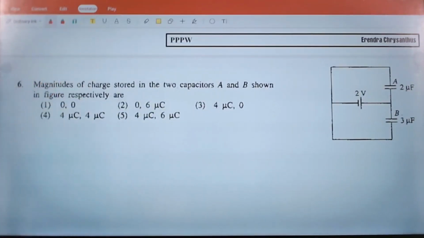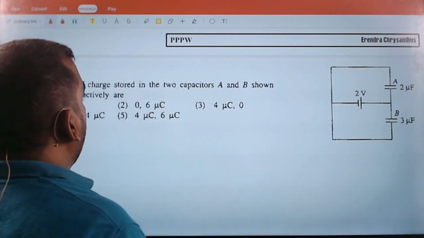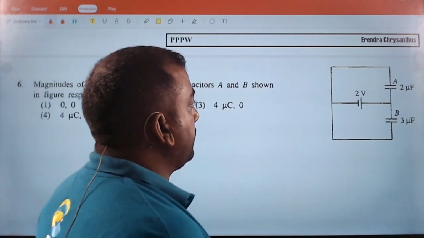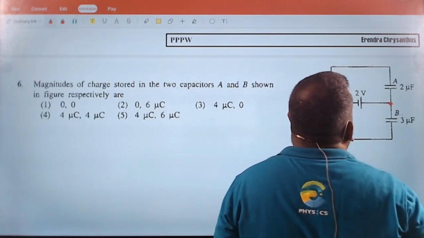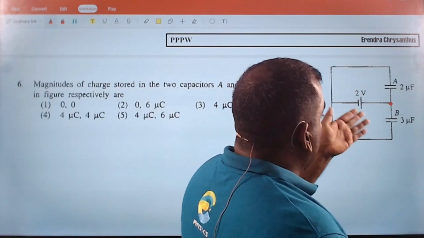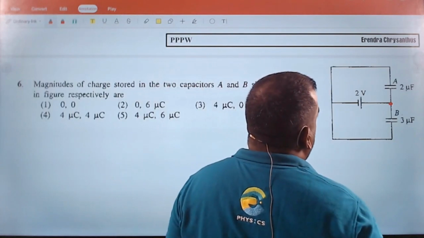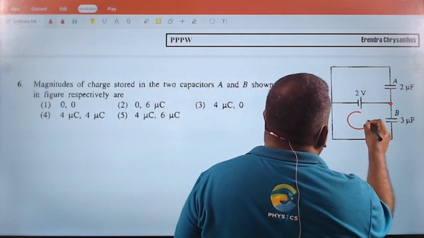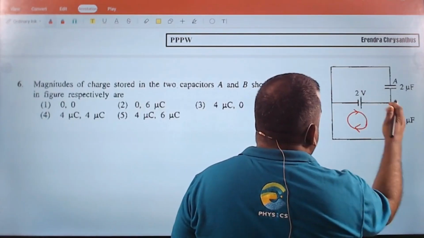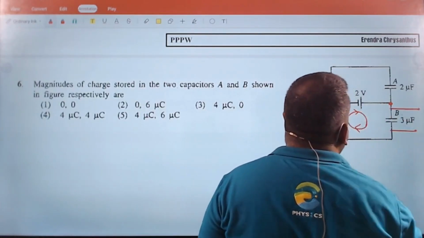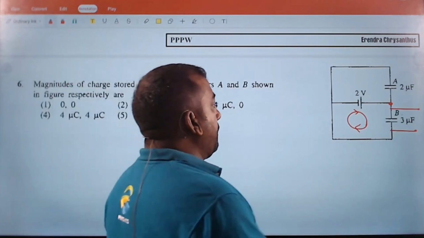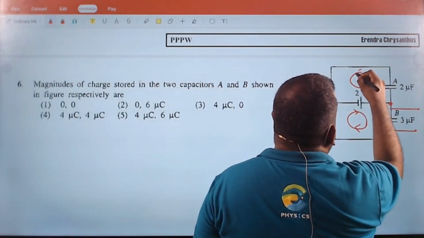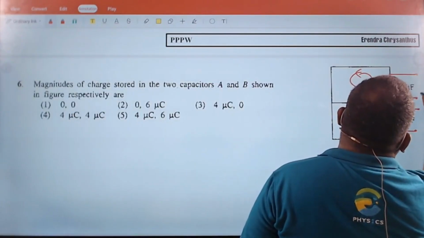Question number 6. Magnitude of the charges stored in the capacitors A and B. Now here, how are these capacitors connected? These capacitors are connected parallel to each other. So if I apply Kirchhoff's law here, this voltage is acting across this. Is it clear? Next, if I apply Kirchhoff's law here, this voltage will act across this.